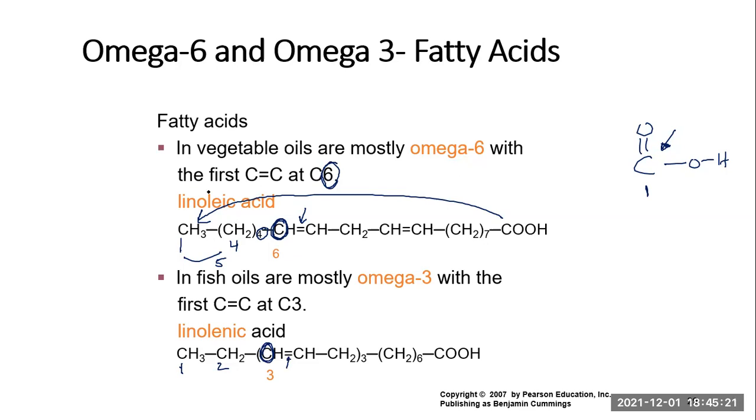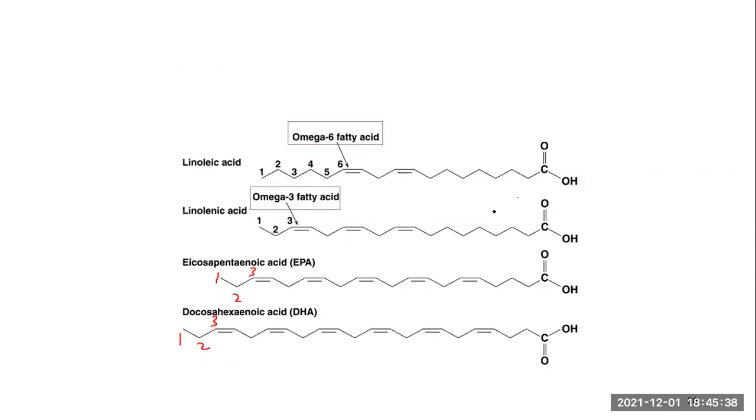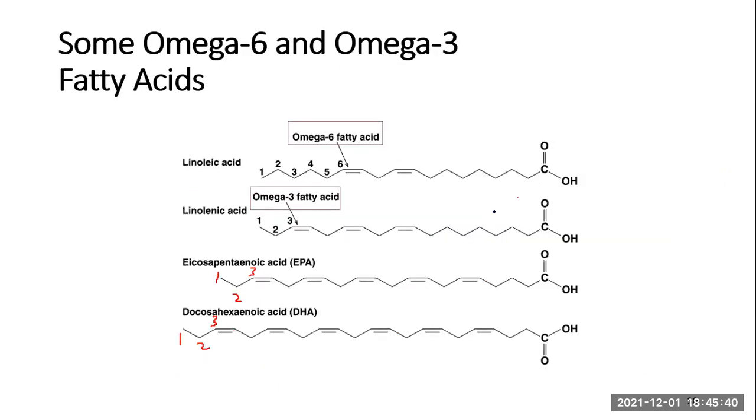Omega-3 and omega-6 fatty acids have some health benefits that people sometimes want to take. As you can see, fish oil sometimes is where we get some of those from. Here's a bunch of omega-6 and omega-3 fatty acids.